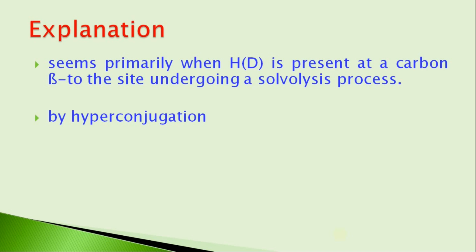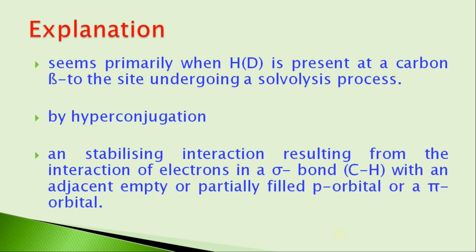To recall, hyperconjugation can be defined as a stabilizing interaction resulting from the interaction of electrons in a sigma bond, normally it is C-H bond, which is present adjacent to an empty or partially filled p orbital or a pi orbital.